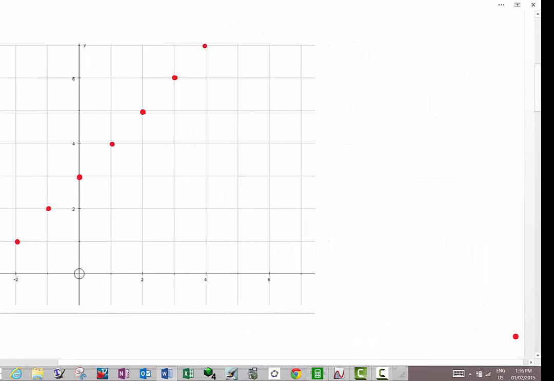Okay, so on this little graph here we have a collection of points and they all lie on a straight line, and we can try to find out what the relationship between the coordinates is and hence what the equation of this line is. Let's start off with this point here. It has an x coordinate of 0 and a y coordinate of 3. So we have 0, 3. When x is 1, the y coordinate is 4.